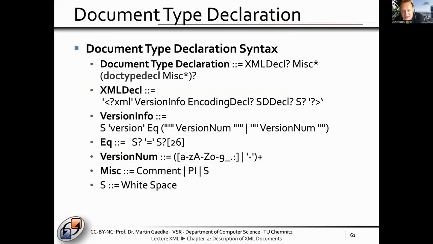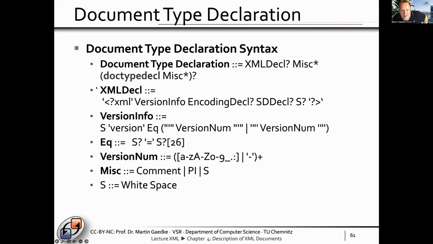In this W3C recommendation about the document type declaration, you will see this form of specification. Here is the S, the white space. I haven't described white space here, so you will find how white space is defined in the Backus-Naur form in these kinds of specifications.